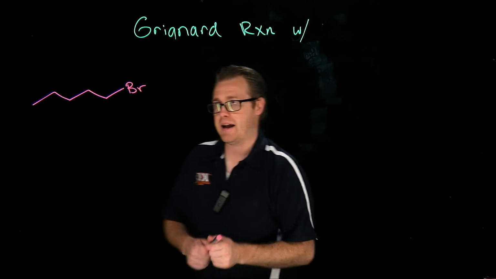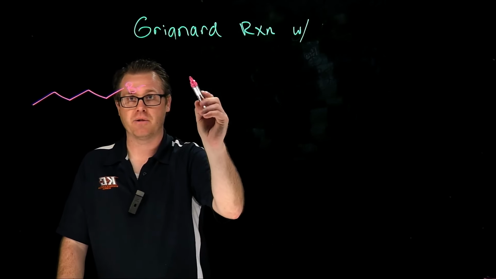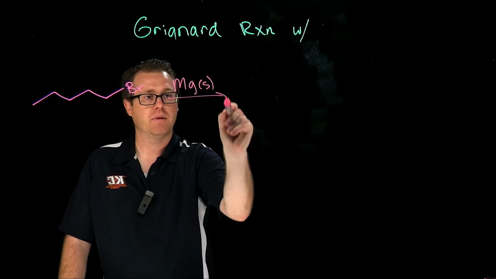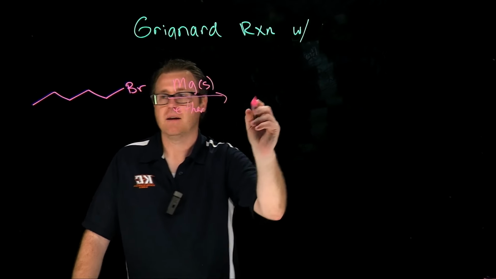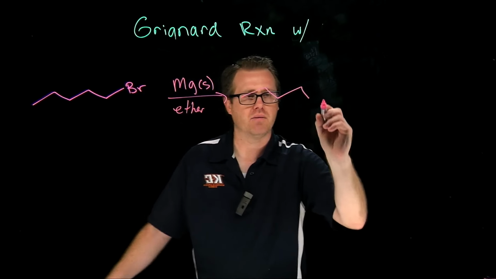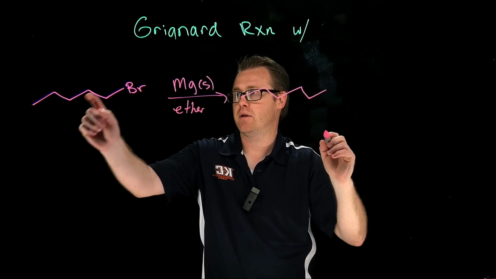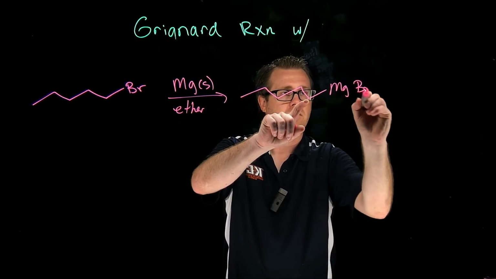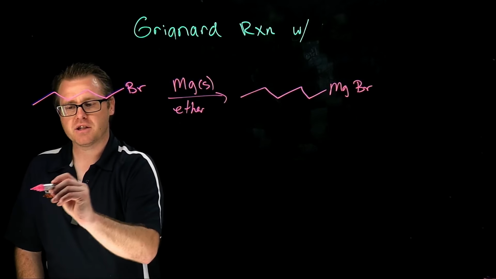So let's just go back and try, how do we convert this alkyl halide into a Grignard reagent? Well, we would treat that with solid magnesium. What's our solvent? Better be ether. And then that would just generate, well, 1, 2, 3, 4, 5, 1, 2, 3, 4, 5. Perfect, right? Okay.